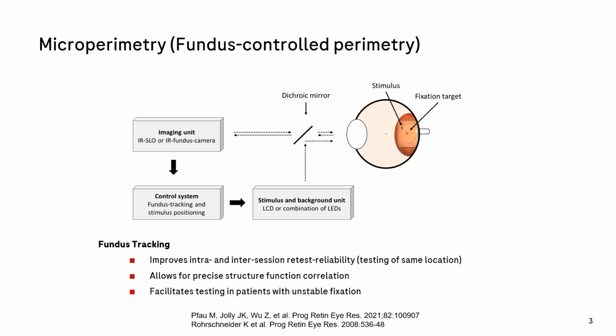As a result, microperimetry provides three main advantages. It improves the intra- and inter-session retest reliability because you always test the same location. It allows for precise structure-function correlation because you know where you are. And it also enables testing in patients with unstable fixation.